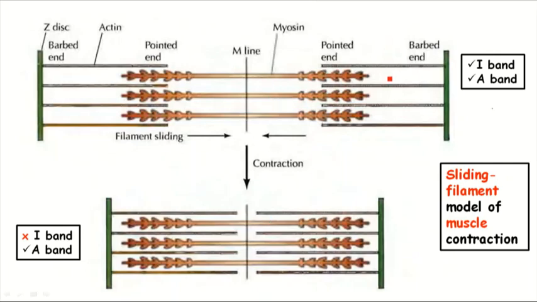So, during contraction, this H zone almost disappears. It becomes narrower, and at the maximum contraction, the H zone disappears. And this I band also becomes narrower and almost disappears during the maximum contraction.